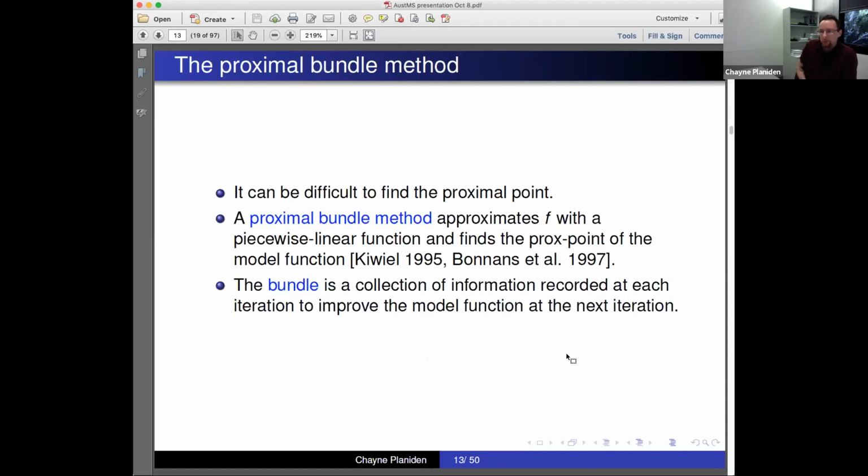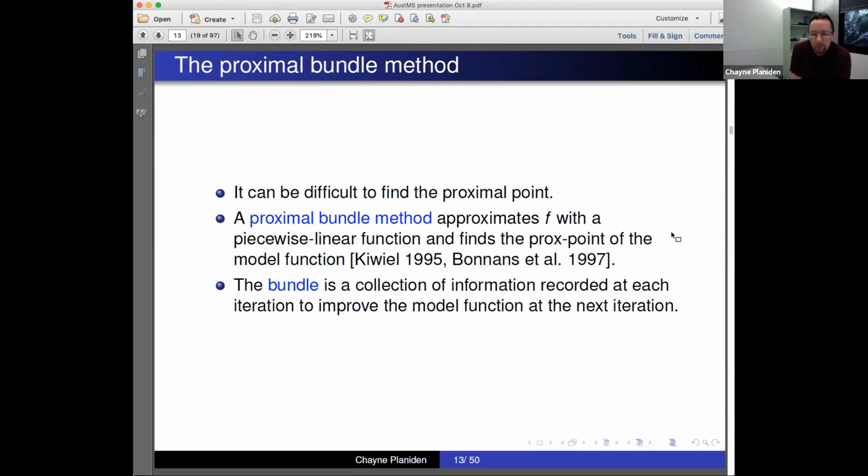So it can be difficult to find proximal points. I don't want to give you the impression that it's very easy to do. It depends on the nature of your function. If it is too difficult, what we typically do, as Claudia will happily tell you, is use a bundle method. In the proximal bundle method, you approximate your function with some model function, usually a piecewise linear function.